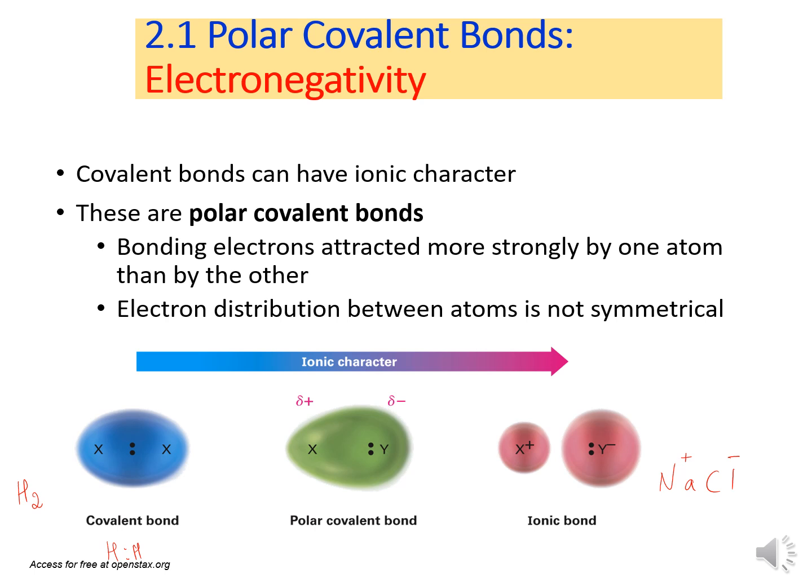As shown in this example, if one of the elements is more electronegative than the other, then it has a tendency to pull the shared pair of electrons towards itself, thus getting a partial negative charge, which is represented by delta minus, and the element which is lower in electronegativity gets a partial positive charge. Okay? So the electron distribution is not symmetrical. One atom has more tendency to gain the electrons. So this type of bond is called a polar covalent bond.